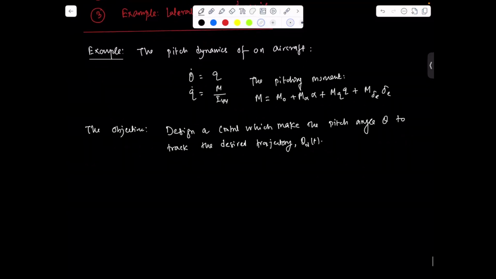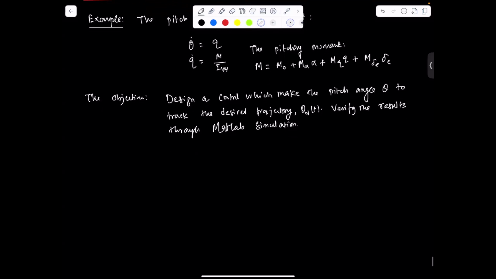And also to verify the result through MATLAB simulation. So this is the problem statement.